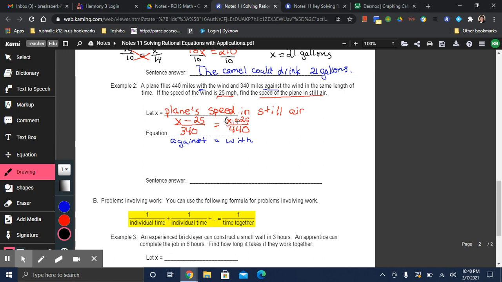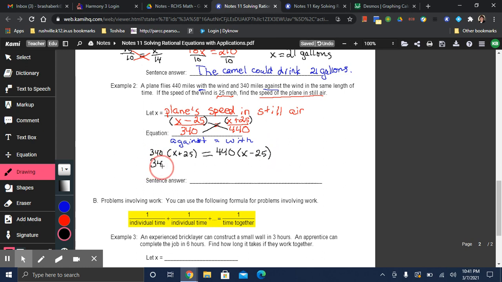Now we would need to put the expressions in parentheses so that when you cross multiply, taking 340 times the expression x plus 25, remember to put your equal sign, and then take 440 times your expression with x minus 25. And then we can distribute.